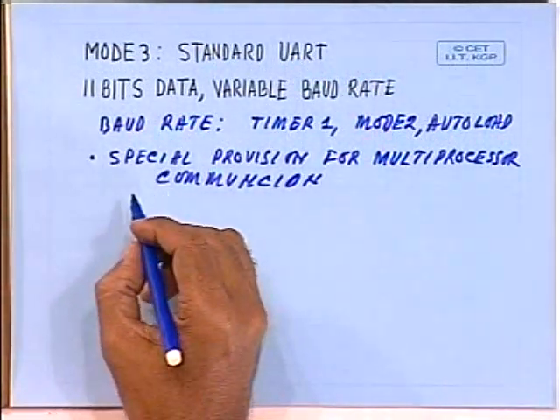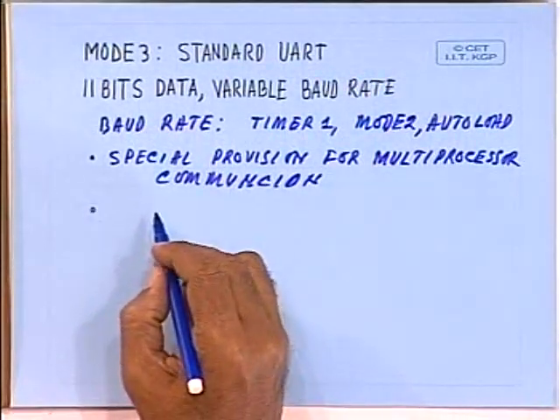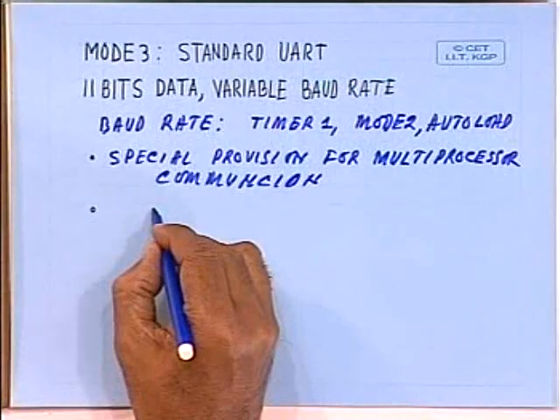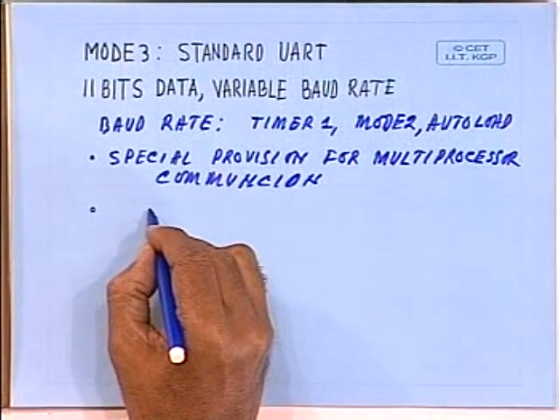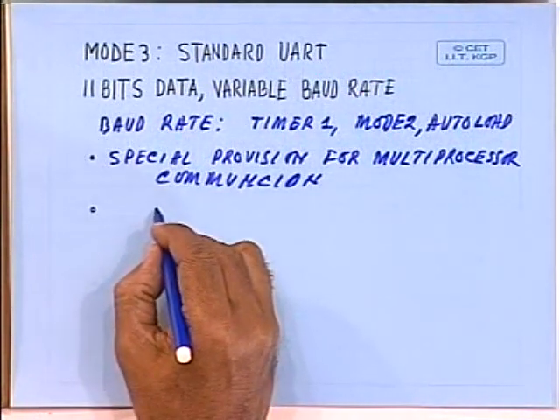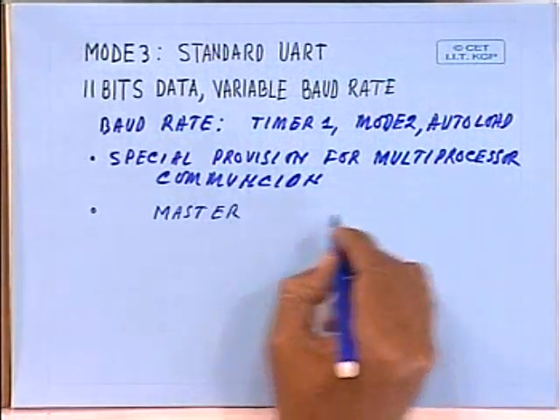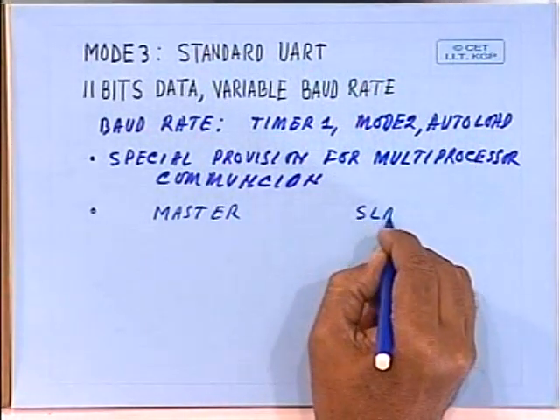How it is done, let me explain. So suppose you have got a large number of computers. Computer means sensors, where 8051 is being used as the processor. Now here one of them can be master, and there can be a number of slaves.